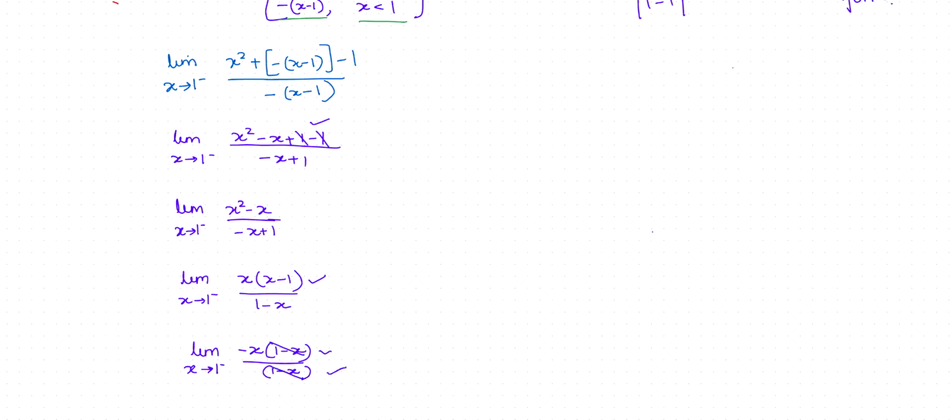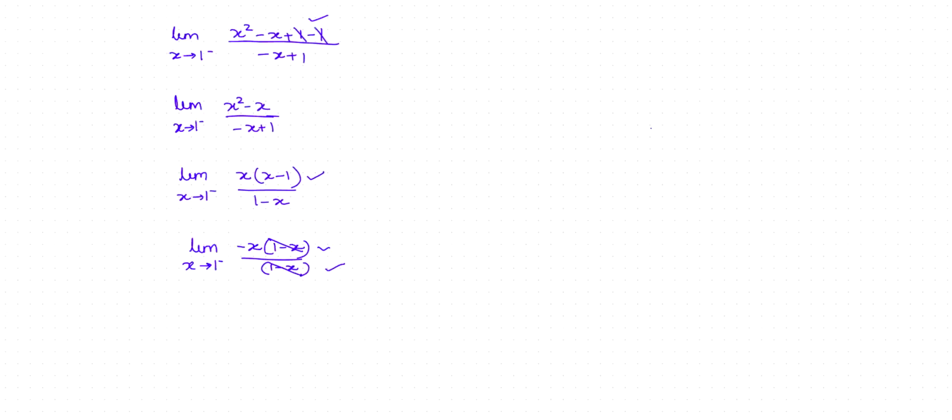So actually it was the factor 1 minus x which was making the function indeterminate. Now let's do direct substitution, we put x equal to 1 and we get the limit. So when x is approaching 1 from the left side, we got the limit as negative 1.